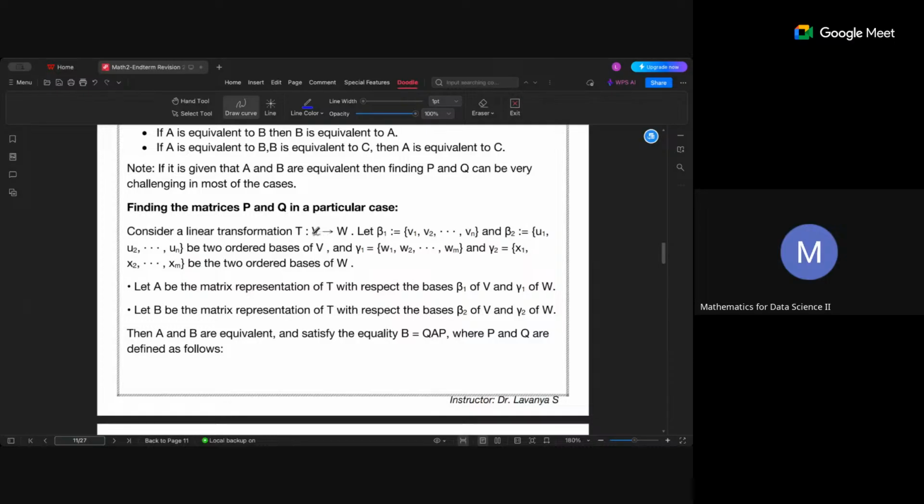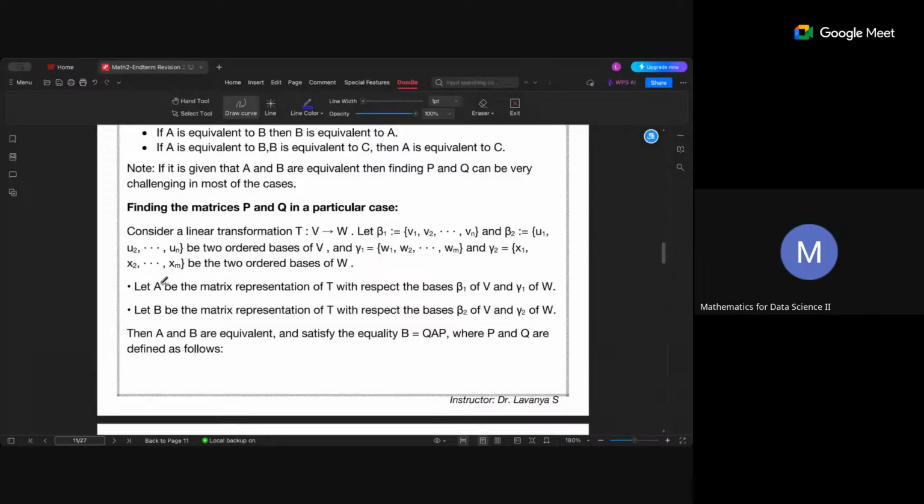So you have a transformation T from V to W, and you have bases beta 1 and beta 2 for V and gamma 1 and gamma 2 for W. Now you have a matrix representation A with respect to beta 1 and gamma 1, and a matrix representation B with respect to beta 2 and gamma 2.